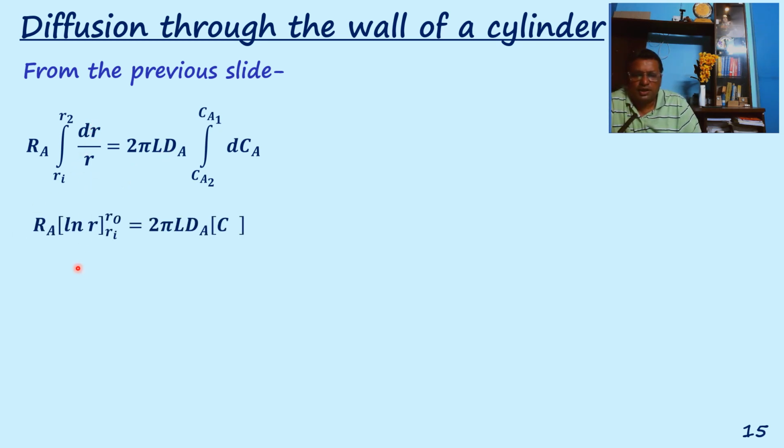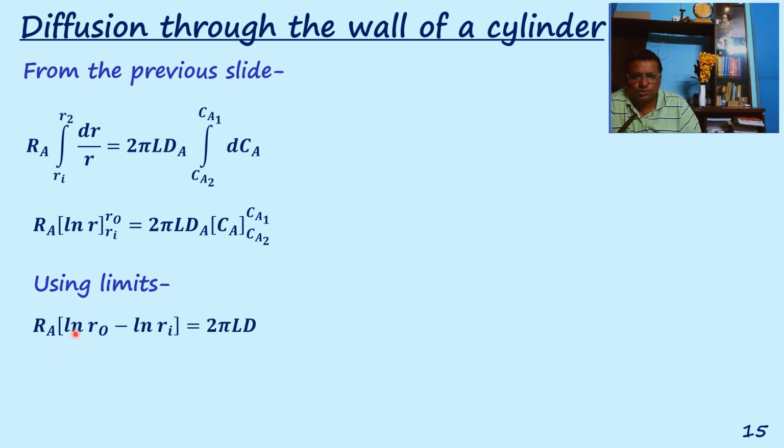Integration of dr upon r is ln of r, so it will be Ra into ln of r, limits are from Ri to Ro, that is equal to 2 pi L dA, integration of dCA is Ca, and limits are Ca2 to Ca1. Then you can use the limits, so it will be Ra into ln of Ro minus ln of Ri is equal to 2 pi L dA into Ca1 minus Ca2.